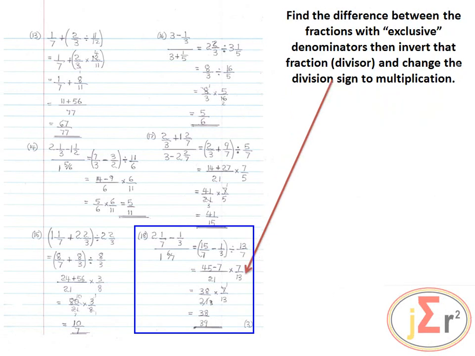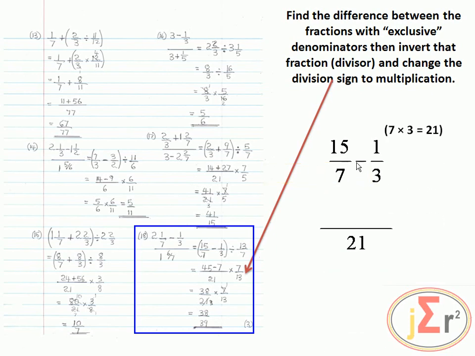Then we will make use of exclusive denominators on the other slide by subtracting the fractions. So the new denominator will be the product of these two denominators. 7 3s are 21, so 21 will be the new denominator.